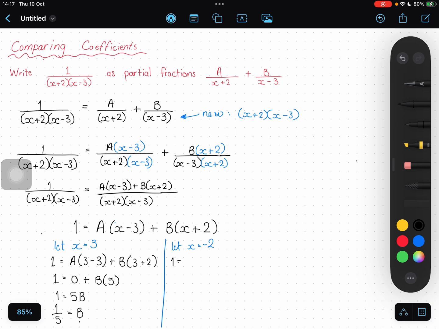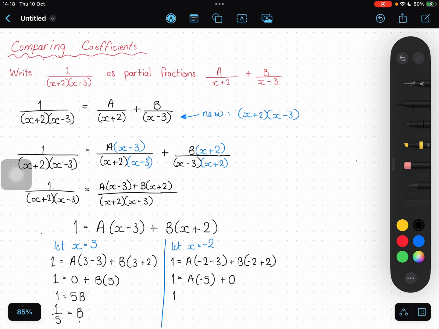We'll get 1 is equal to a times minus 2 minus 3 plus b times minus 2 plus 2. So 1 is equal to a times minus 5 plus 0, because b is multiplying by 0, so that's 0.